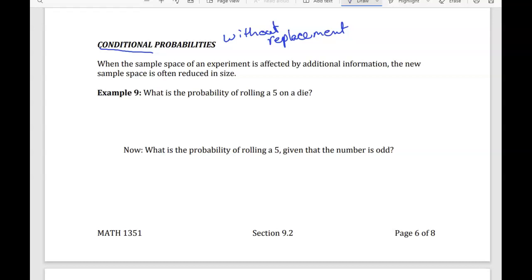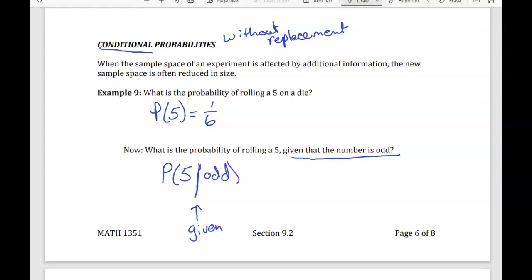So if we talk about, like here, rolling a 5 on the die, well, that's just 1 out of 6, right? Probability of getting a 5 is just 1 out of 6. What's the probability of rolling a 5 given that it is an odd number? We know that it's an odd number. So probability of 5 given, this line right here is going to represent given that it's an odd number.